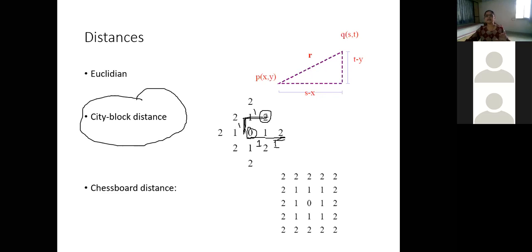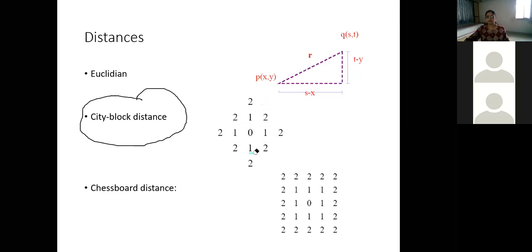But this is not the concept for planned cities in other countries. You have to strictly follow horizontal and vertical directions to reach from one place to another place. In this distance calculation method, this city method is used, and hence the name is city block distance method.